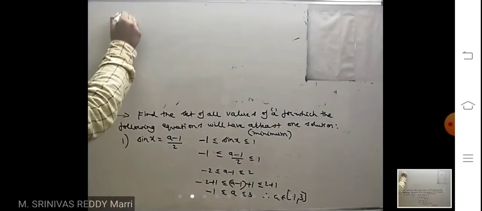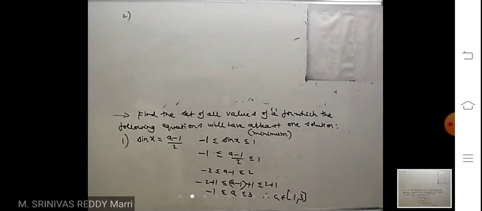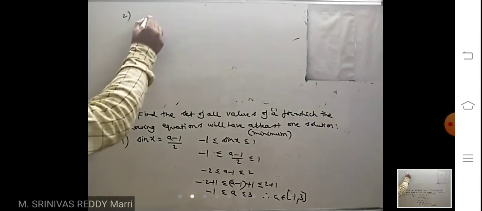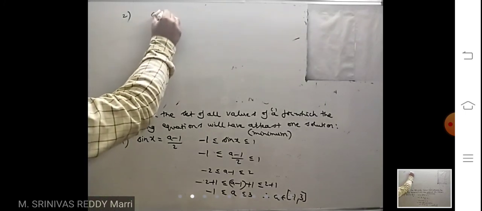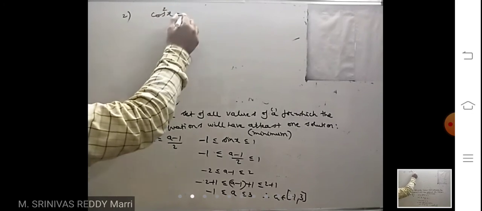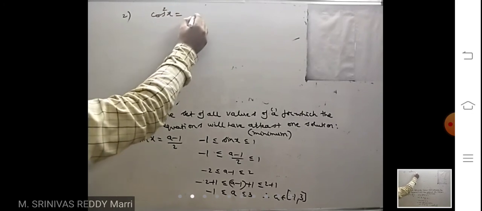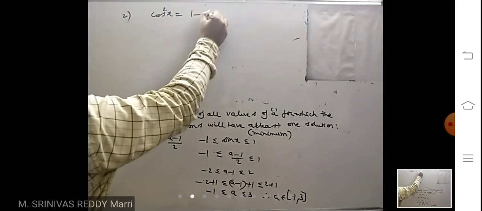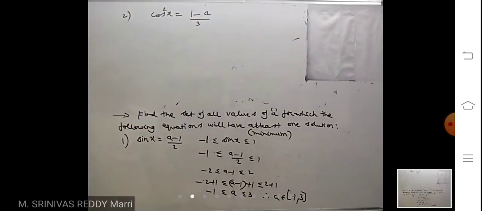Suppose the second one. Suppose it is given like this, cos square x equals 1 minus a divided by 3. Cos square x is given as 1 minus a by 3.